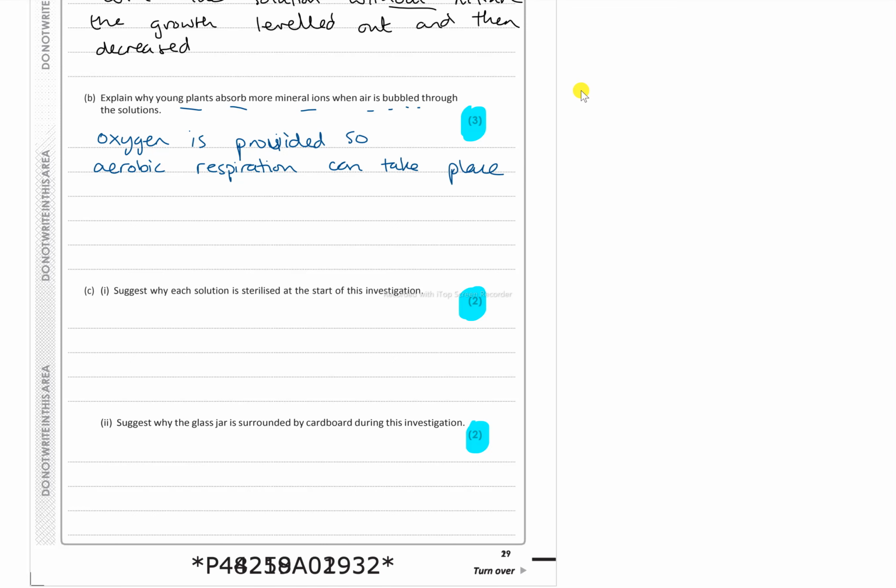And what does aerobic respiration do? Aerobic respiration releases energy.